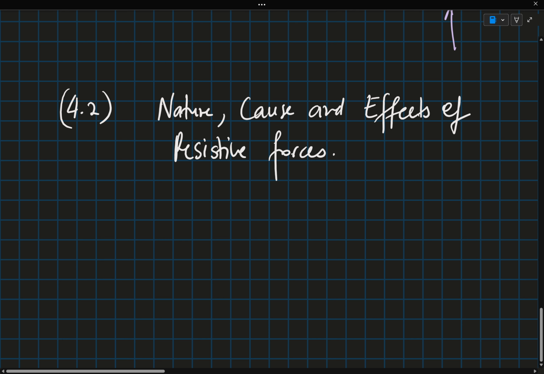Alrighty, so let's look at this now. The resistive forces. What do we mean by resistive forces? We looked at some a while ago. Friction is an example of a resistive force. So what are the general resistive forces that we know? We need to know them. So what is a resistive force?